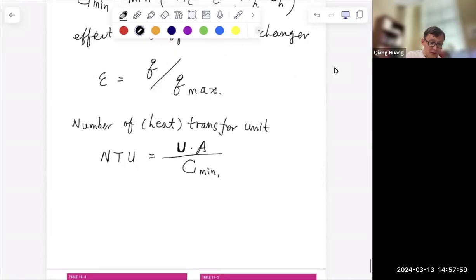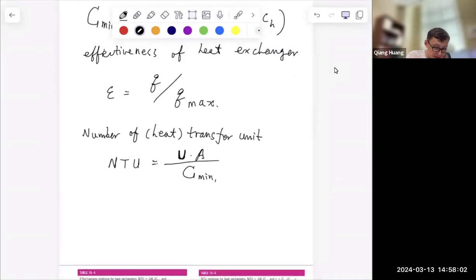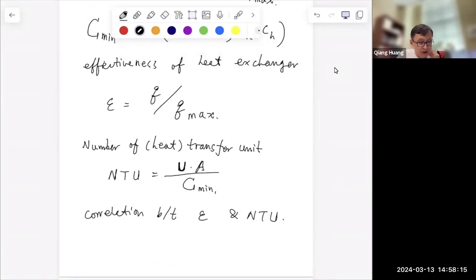So what we need is a correlation between the effectiveness and the NTU. If we have this correlation and we know the operation conditions, which give the effectiveness, then we can calculate the NTU and then calculate the surface area. That will solve a design question.